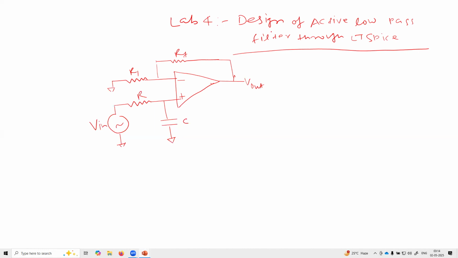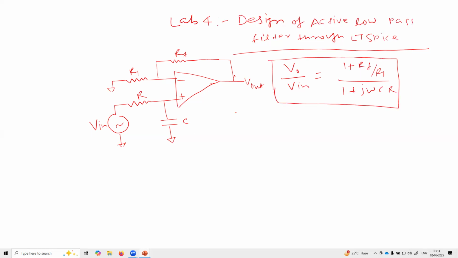Whenever we derive the gain of this op-amp, we find V naught upon V in is equal to 1 plus Rf upon R1, divided by 1 plus j omega C R. This is the type of gain we will get.